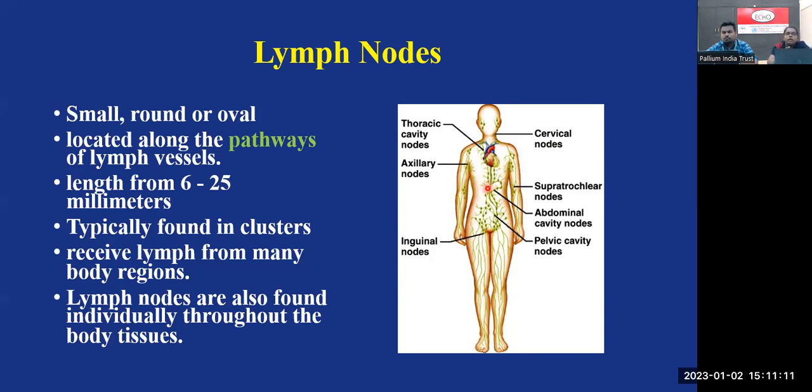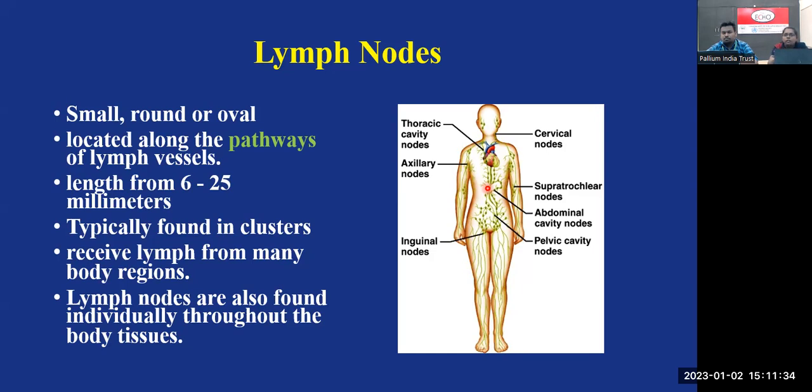As I mentioned earlier, lymph nodes are located along the pathway of lymphatic vessels, and are typically found in clusters. The major function is to receive lymph from many body regions. So the lymph nodes are ready to receive the lymphatic fluid from any body area.